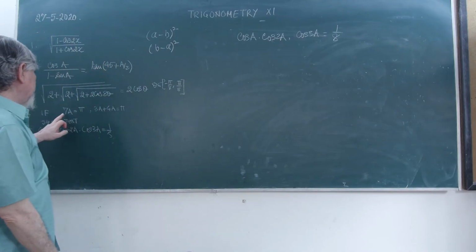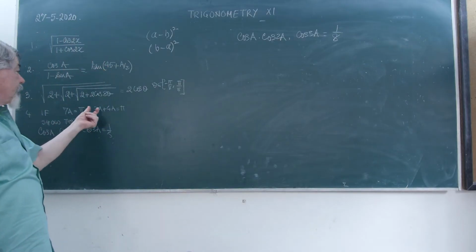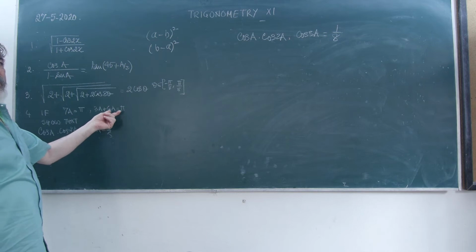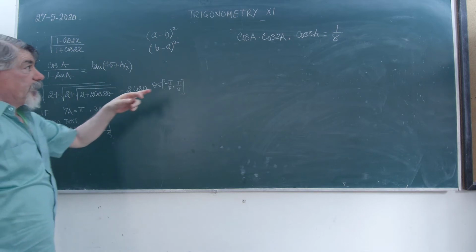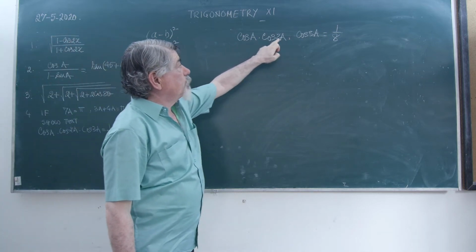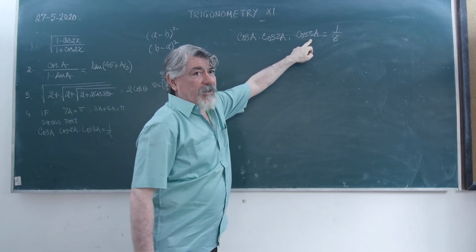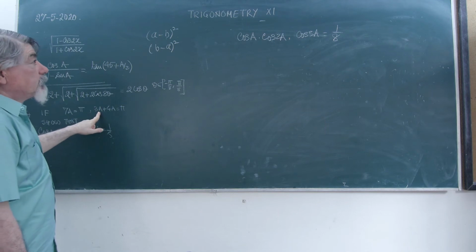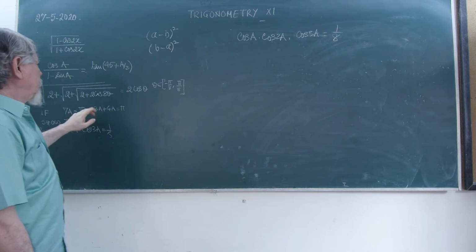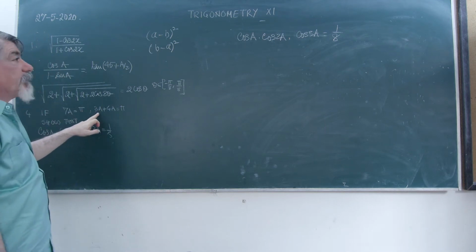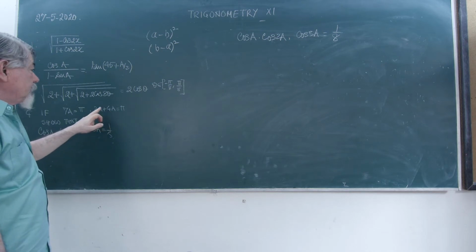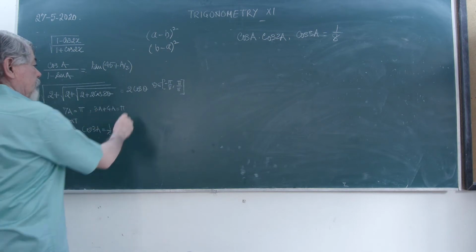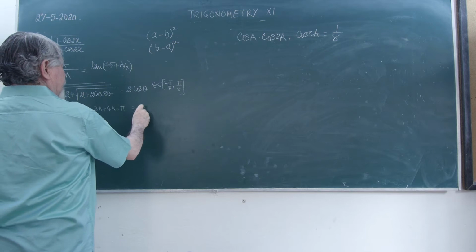Now it is given 7a is pi, so I can write 3a plus 4a is equal to pi. You see it is a, it is 2a. If it is 4a, it is all right, but here it is not 4a. So what am I going to do? I'll write 7a as 3a plus 4a, and then I can write 3a to be pi minus 4a.